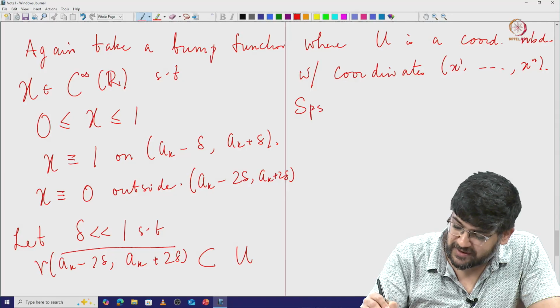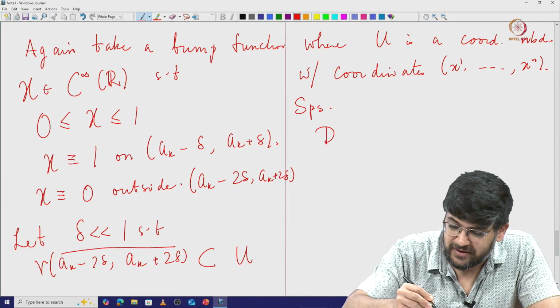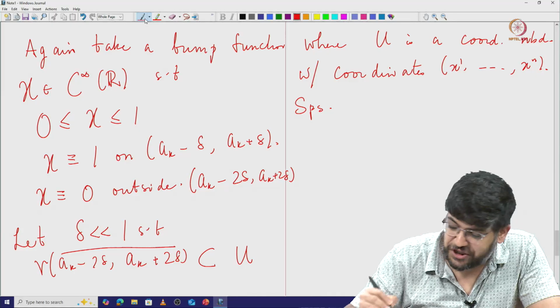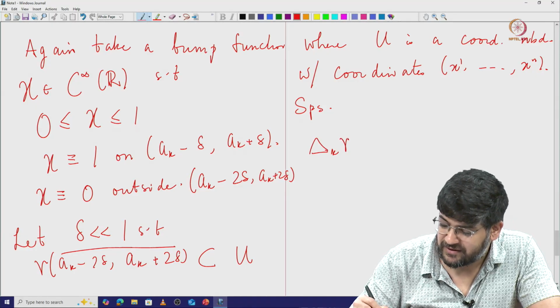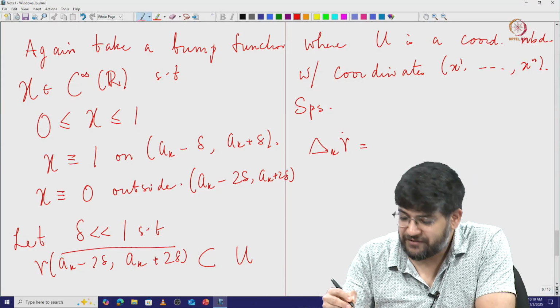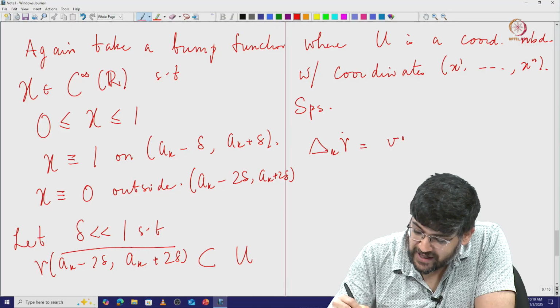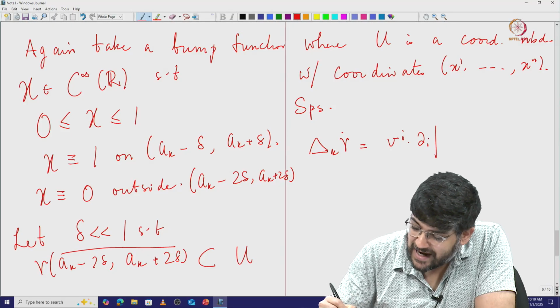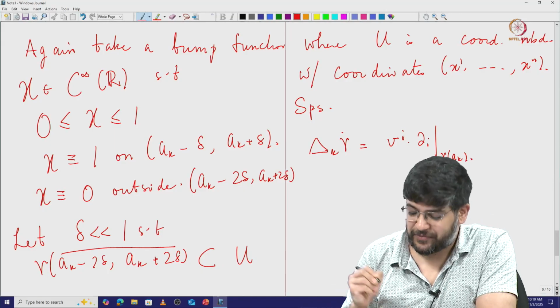So suppose this jump in the velocity vector is given by some vi times del I at this point gamma of ak, right.